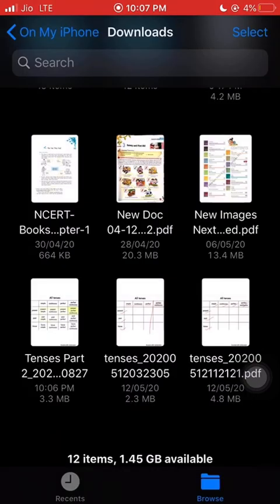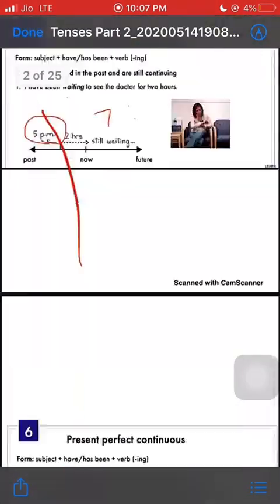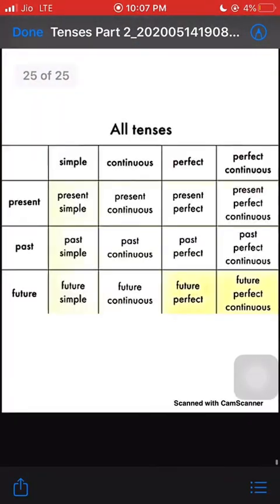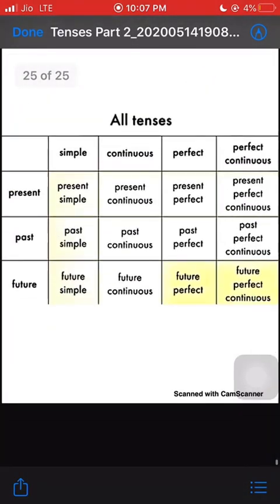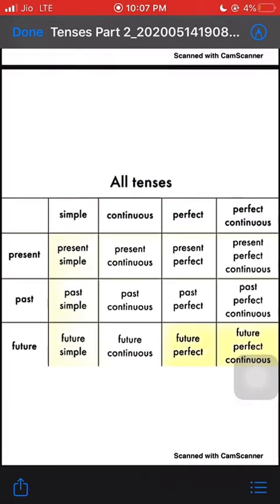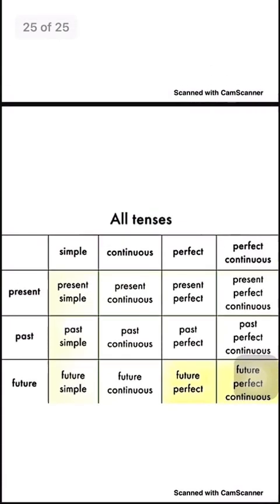So this is all about the future perfect and future perfect continuous. In that way we are completed with the tenses part. I have sent you some notes also regarding how you have to convert the affirmative, negative and interrogative sentences to each other.